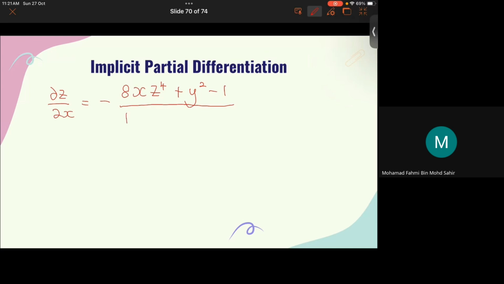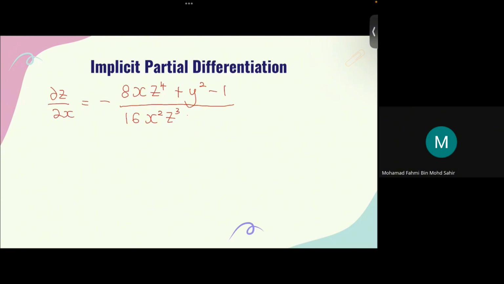So fz is 16 x squared z power 3 minus 15 y z power 2 minus 6z. So this will be your answer. You don't need to simplify. Just put them accordingly. And don't miss this negative sign.